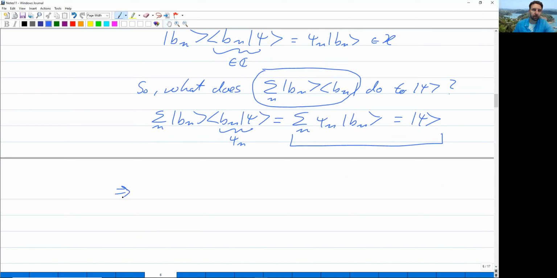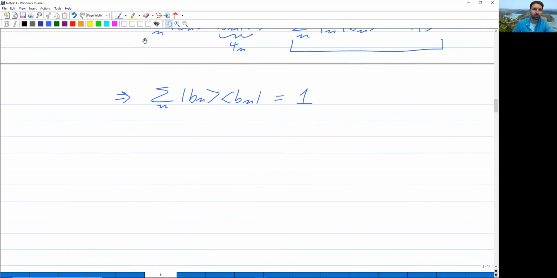So therefore, we have that the sum over n of |Bn⟩⟨Bn| is equal to the identity. And since it doesn't matter which basis we choose, in any other basis we can write the sum over m of |Cm⟩⟨Cm|. It's also the identity map.